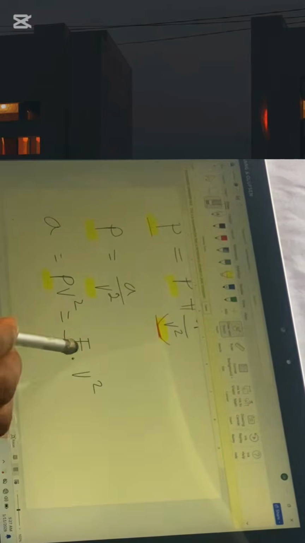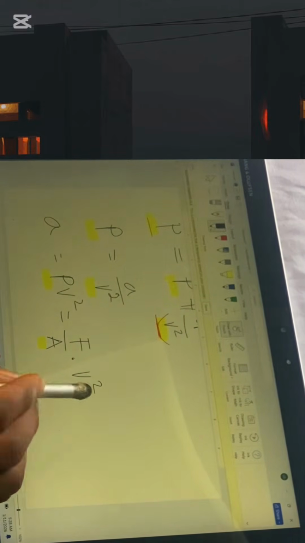So this is the secret of dimension. To find the dimension of any quantity, the first thing to do is to find the unit. And for us to find the unit of any quantity, we have to know the formula.